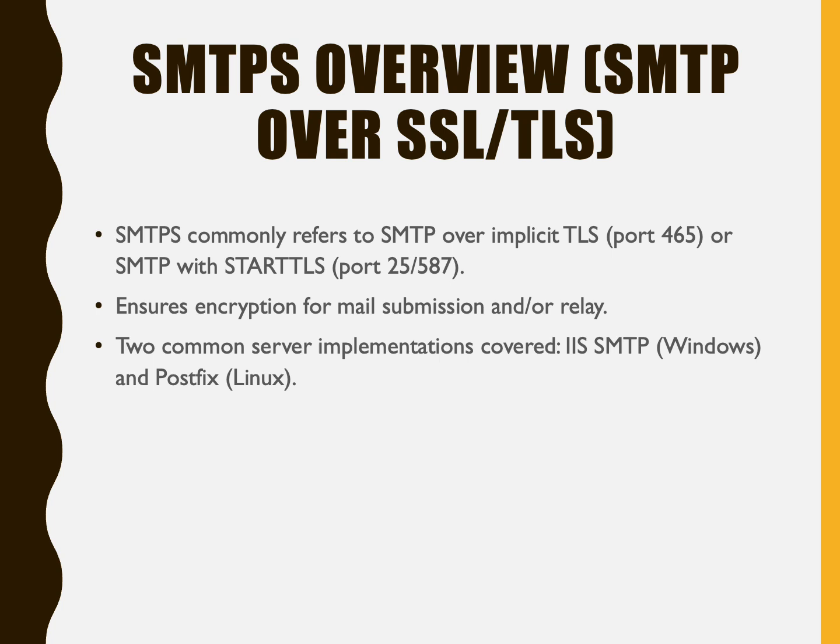One is implicit TLS, which uses port 465 and expects encryption immediately. And the other is STARTTLS, which upgrades a plaintext SMTP session to a secure one, usually on port 25 or 587.